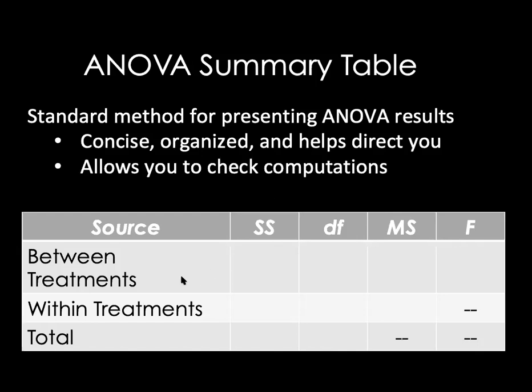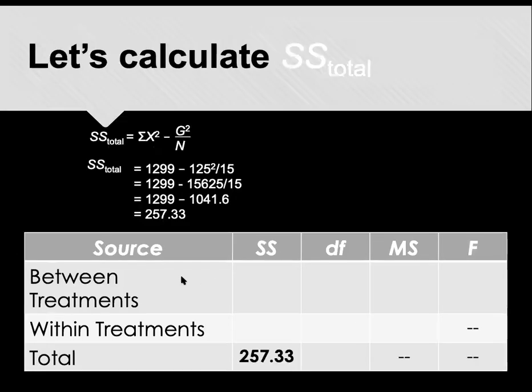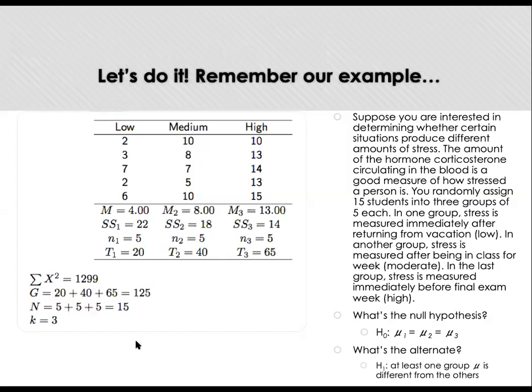Okay, so let's do some calculations. Sum of squares total, so this box right here. From our formula, sum of squares total is sum of x squared minus g squared over N. I'm pulling these values straight from this table and these calculations, so you might want to copy this somewhere else or write it down.